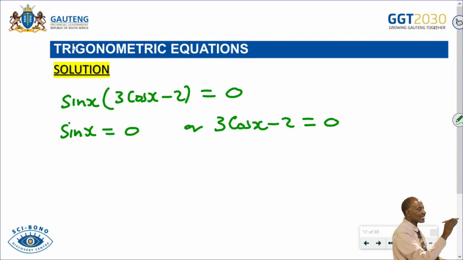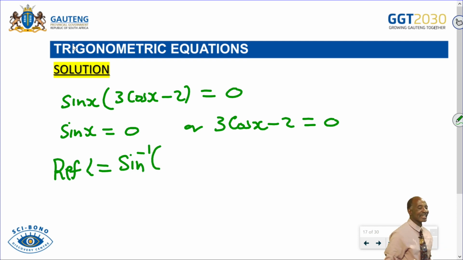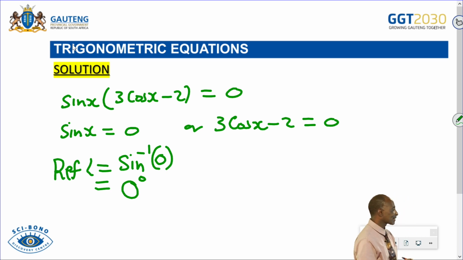Let me start with this one. Let's find our reference angle, which is equal to arc sine. Every time you find the angle, you press inverse sine, second function sine, or shift sine of 0. This will lead us to 0 degrees. If you press that on your calculator, it gives you 0 degrees.